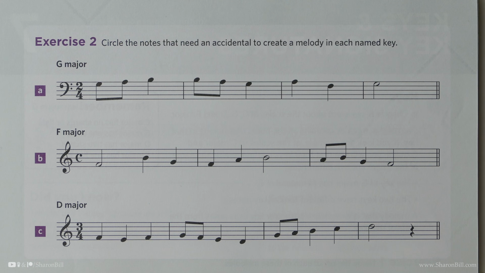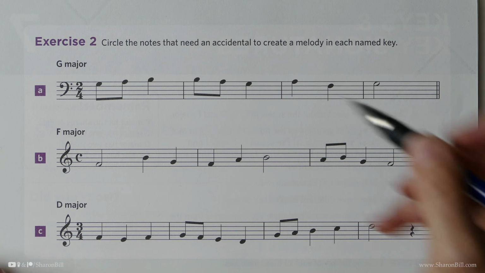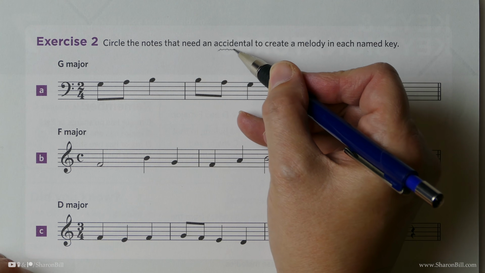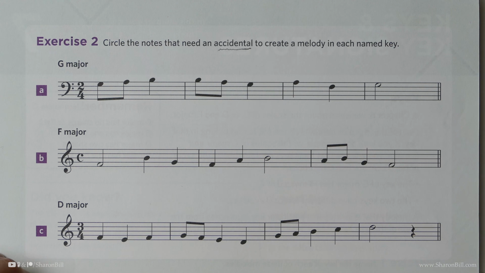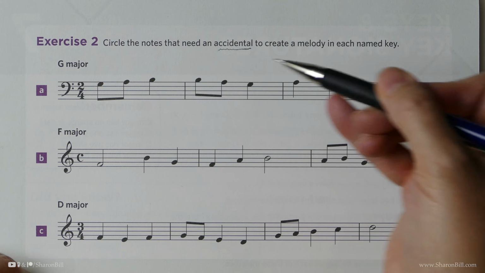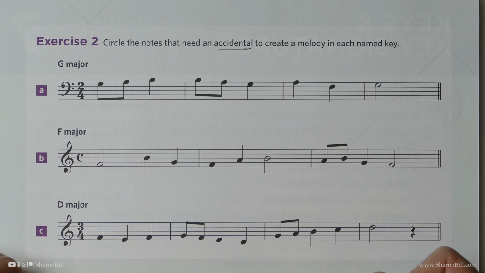Continuing with the topic of keys and key signatures, we're moving on to page 36 of Grade 1 Discovering Music Theory. On that page, exercise 2 asks us to circle the notes that need an accidental to create a melody in each of the named keys. An accidental means a sharp or a flat sign placed next to individual notes as and when we need them.